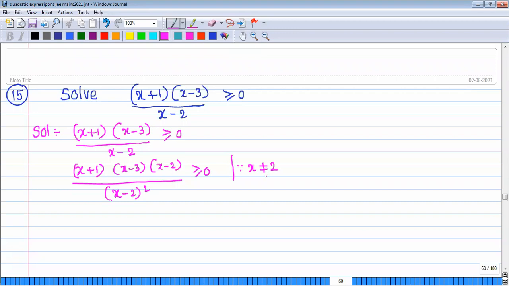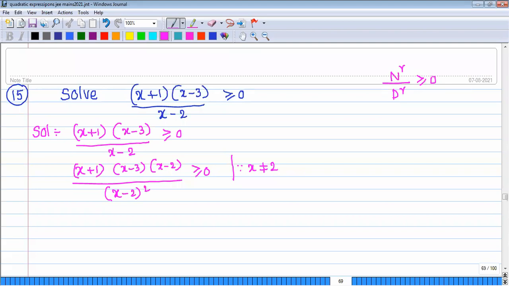Whenever x does not equal 2 only, we can multiply both numerator and denominator of the left hand side with x minus 2. So now just think for a while. Here, x plus 1 into x minus 3 into x minus 2 is the numerator, and x minus 2 whole square is the denominator. Now the numerator by denominator is positive or equal to 0.